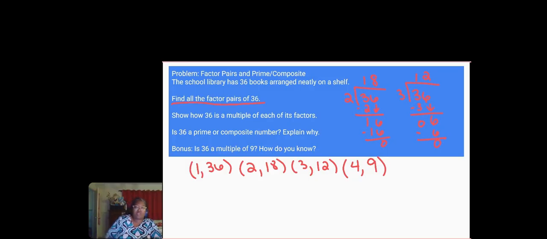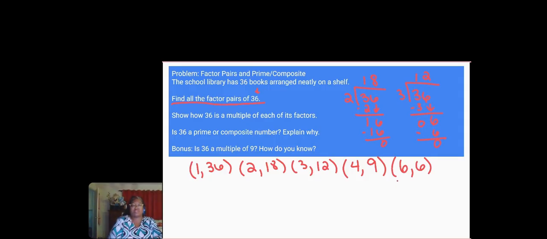Now, we've gone up each time. Let's look at 5. This does not end in 0 or 5, so we know that this is not divisible by 5. But let's try 6 since we're just going up. Now, 6 times anything, will that give us 36? Well, we have 6, 12, 18, 24, 30, 36. 6 times 6 will give us 36.